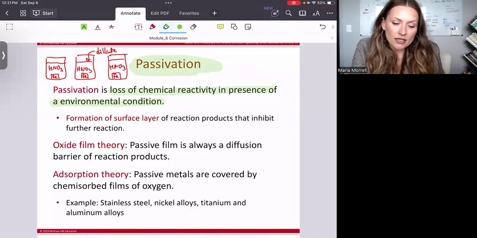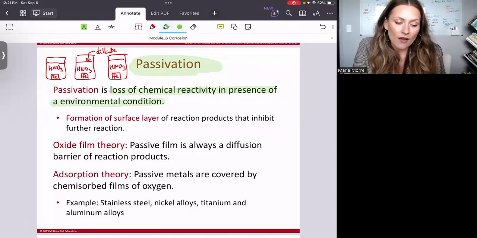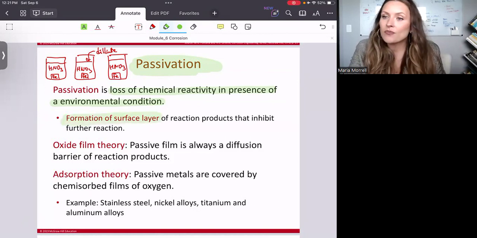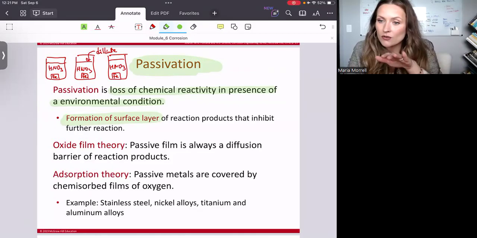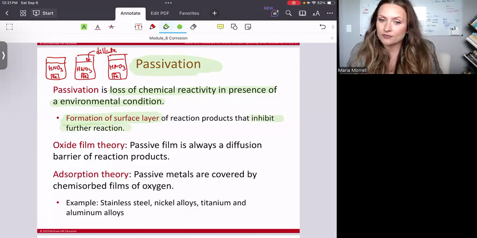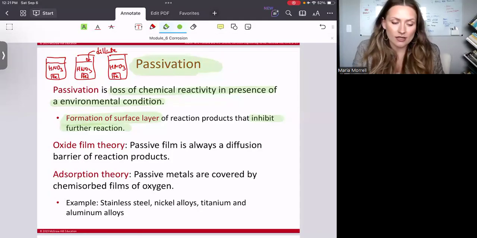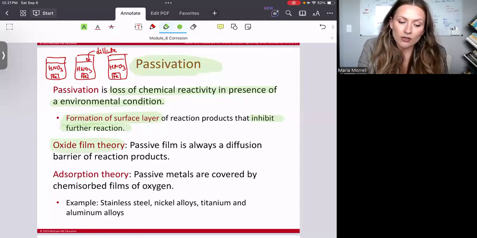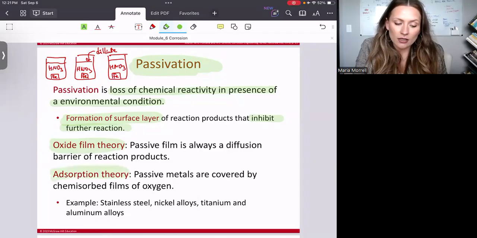And the idea is that we believe the reason it happens is that there is a specific surface layer that forms on the surface of a metal that inhibits the corrosion reaction. And there are two theories: the oxide film theory, and the adsorption theory.